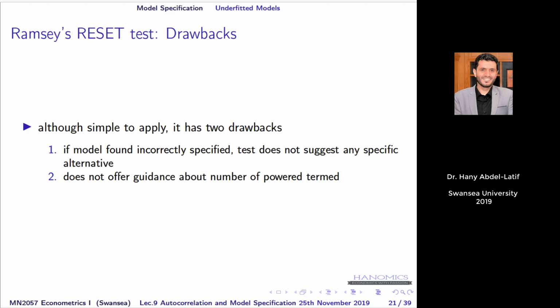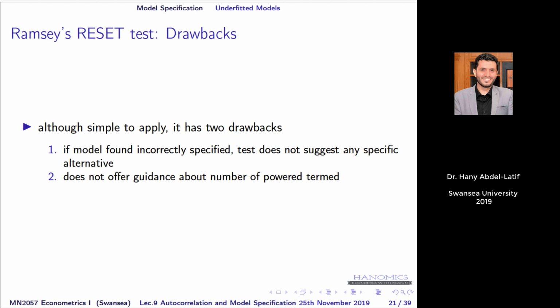But as I said, the drawback of this test is how many terms to include, the number of power terms to include. Should we put 2, should we put 3, should we put 4? We don't know. And also, now we concluded that our original model, or our restricted model, is not correctly specified. Then what should we do? The test doesn't tell us.